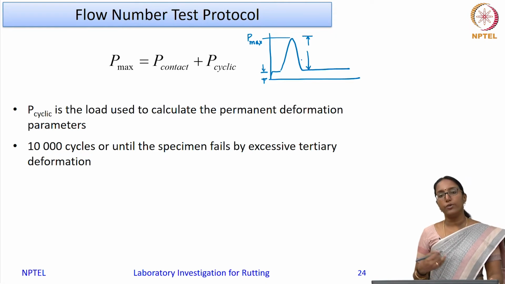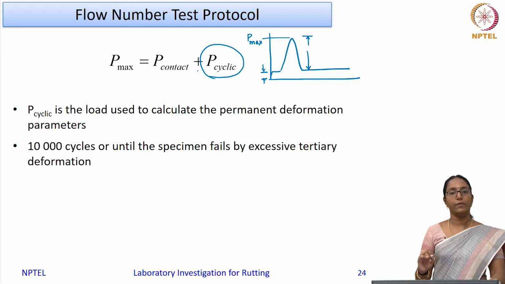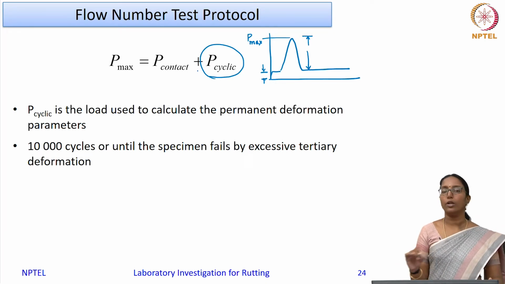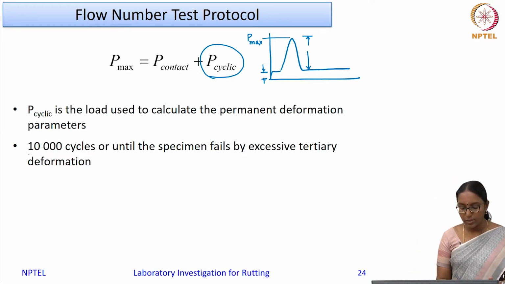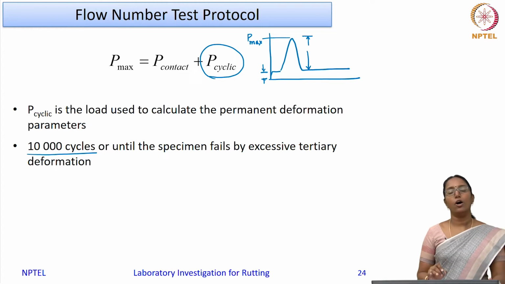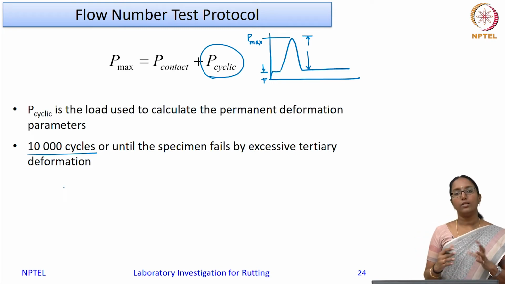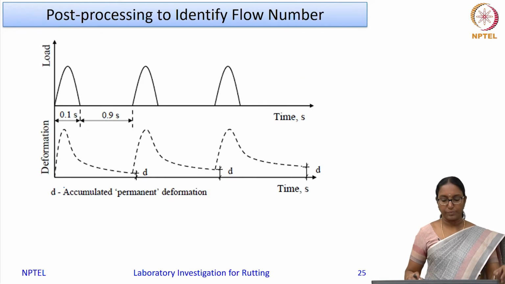What you use for all your analysis is this P cyclic, because the contact load we will consider as a minimum value used as a seating load, which will not be used for any further computations. At least 10,000 test cycles are to be done, or until the specimen fails by excessive tertiary deformation, and then you can stop the test.